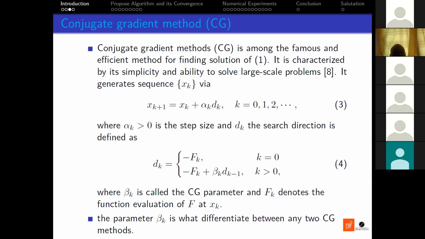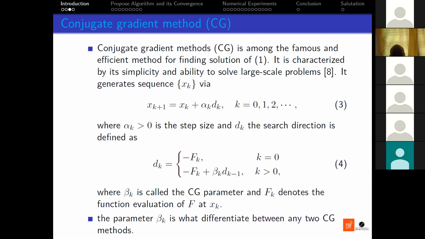And in this regard, we consider the conjugate gradient method. The conjugate gradient method is one of the strongest and most efficient methods for finding the solution of 1, because it is characterized by simplicity, that is, it is very simple to implement, and its ability to solve large-scale problems. Why?